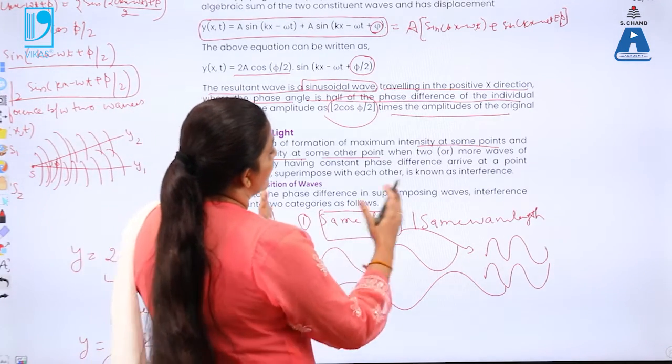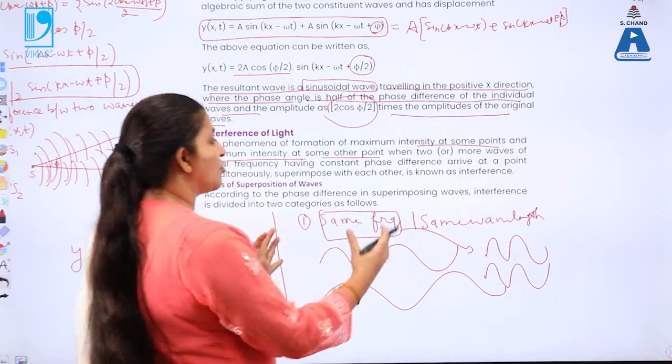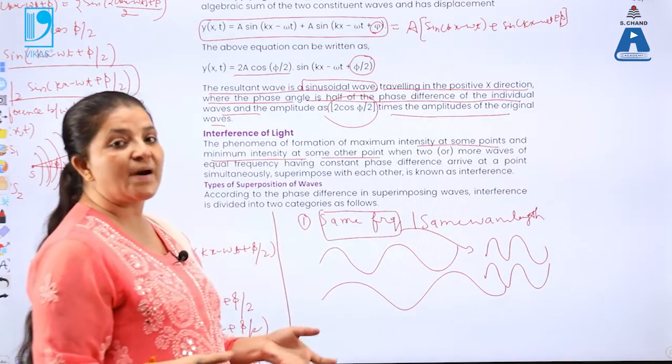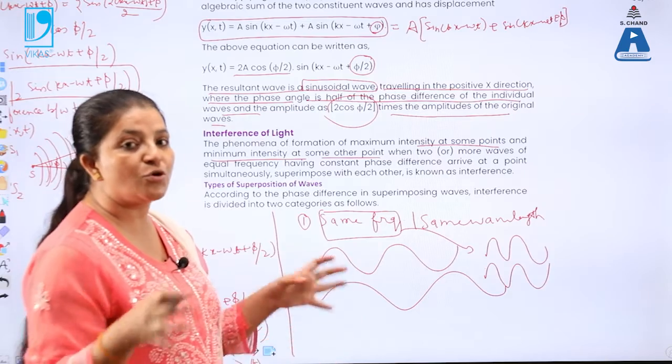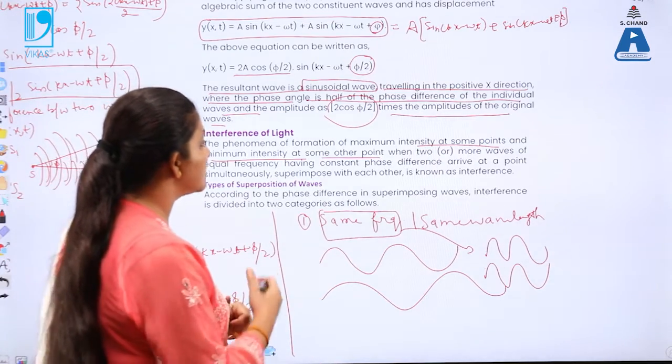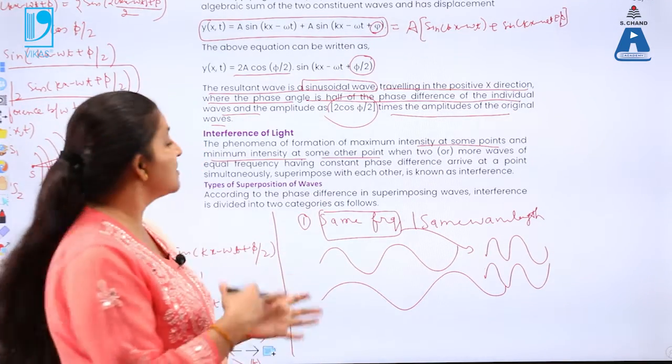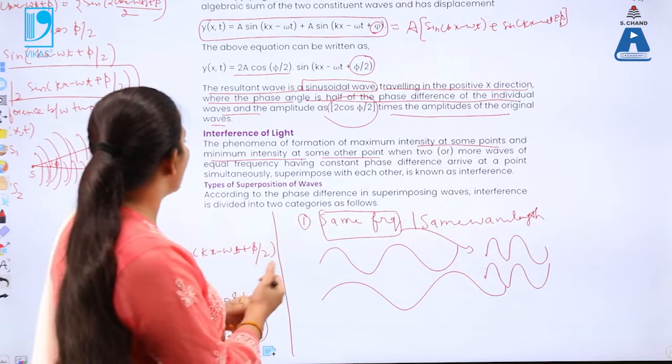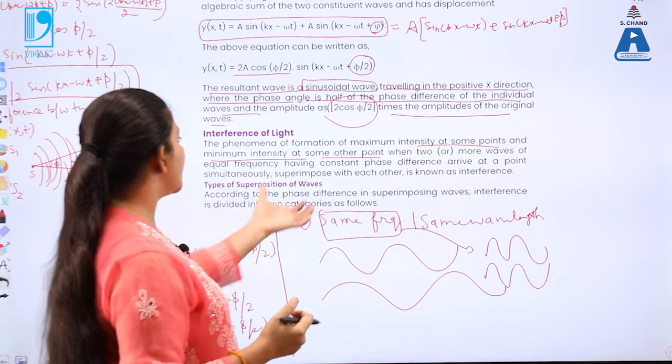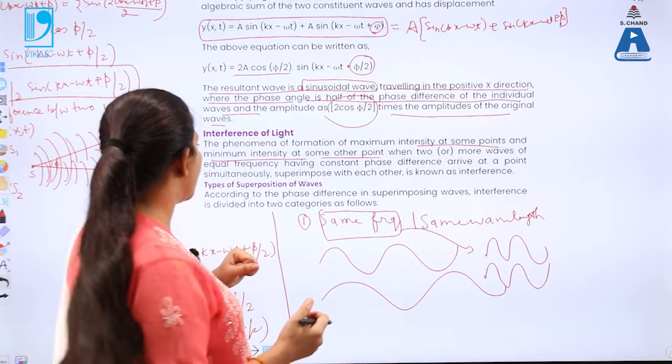Now we know that when two or more waves combine and superimpose on each other, their resultant can be calculated, and that is given by the interference of light.